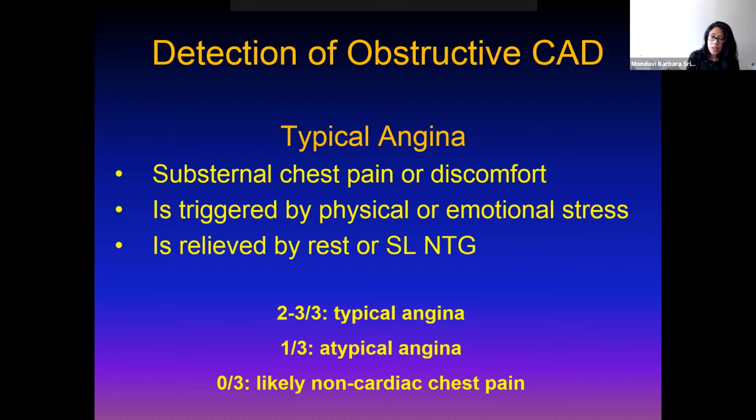If they have 2 or 3 of those characteristics, we label it as typical angina. If they only have 1 of the 3 characteristics, we label it as atypical angina. And if they don't have any of these characteristics, it's considered to be likely non-cardiac chest pain.